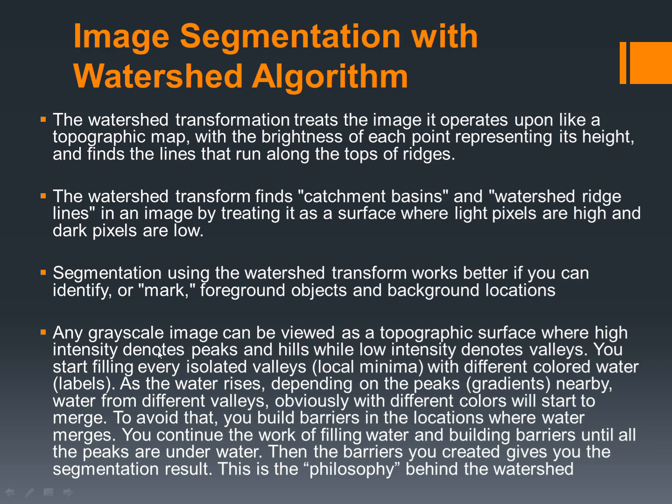When an image is provided, it converts it into grayscale, and it can be viewed as a topographical image in the watershed algorithm, which is its basic structure. The regions where there are high intensity or high pixel values are considered peaks and hills, and the low-lying areas are denoted as valleys.